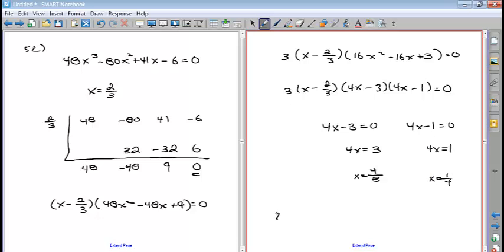So in this case, the zeros are x equals 2/3, which we proved over here on the left screen, x equals 3/4, and x equals 1/4.